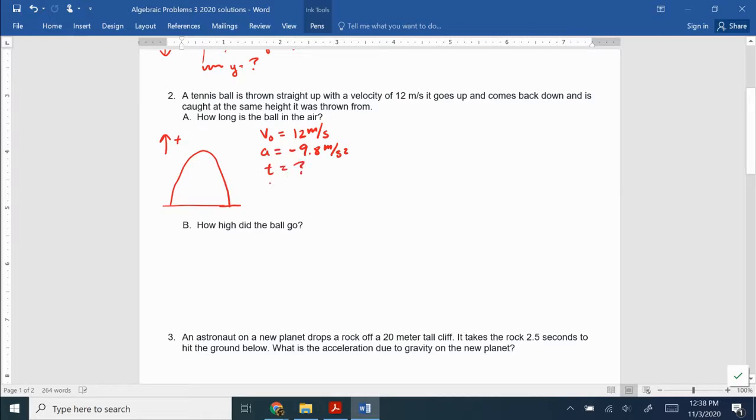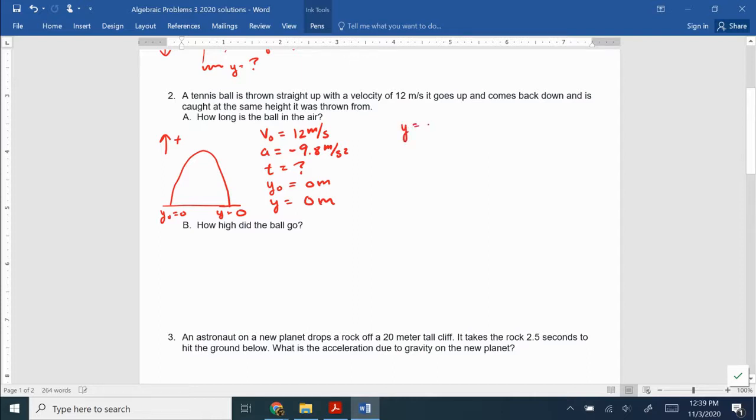We also know that our initial position is 0 and our final position is also 0. So y naught is equal to 0 meters and y is also equal to 0 meters. Looking at all the stuff there, that looks like the John equation again.